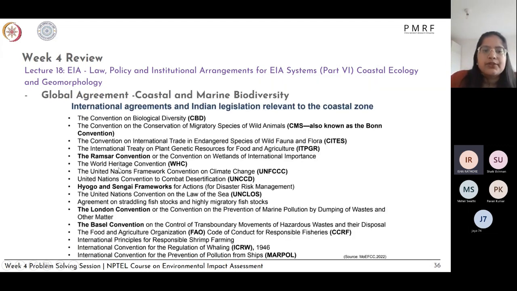And then we have a few international agreements and Indian legislation related to coastal and marine biodiversity. So we have the CBD from the Rio Earth Summit. Then we have the Convention on Conservation of Migratory Species of Wild Animals, which we also looked at as the Bonn Convention.